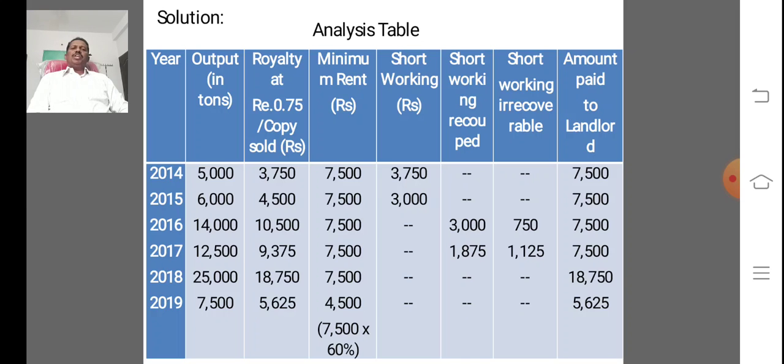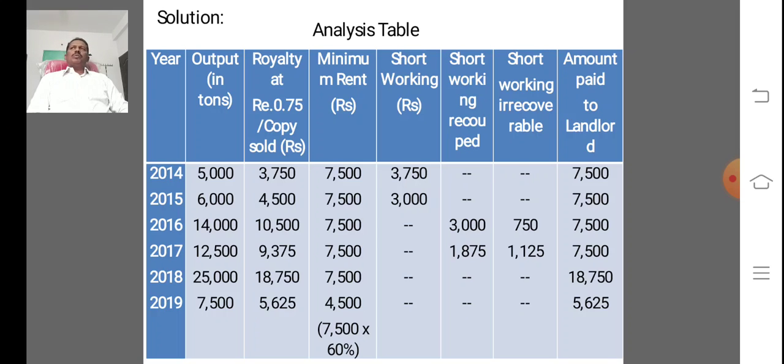In 2016, 14,000 tons are produced into 75 paise per unit, equal to 10,500, but minimum rent is 7,500. So in this case royalty is more than minimum rent. The difference of 3,000 is treated as surplus, and that surplus is utilized for recovery of short workings.